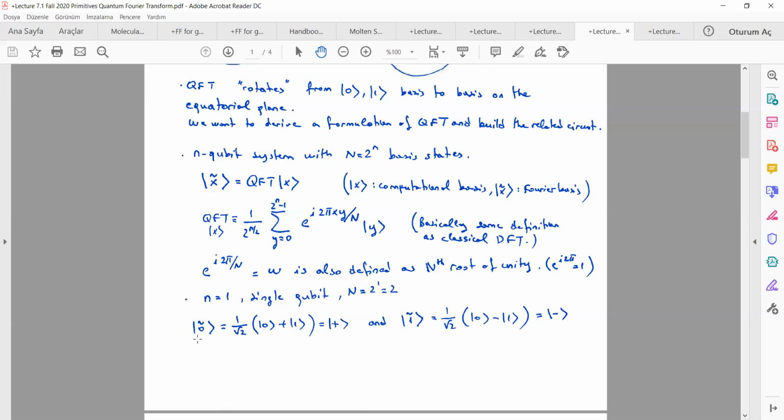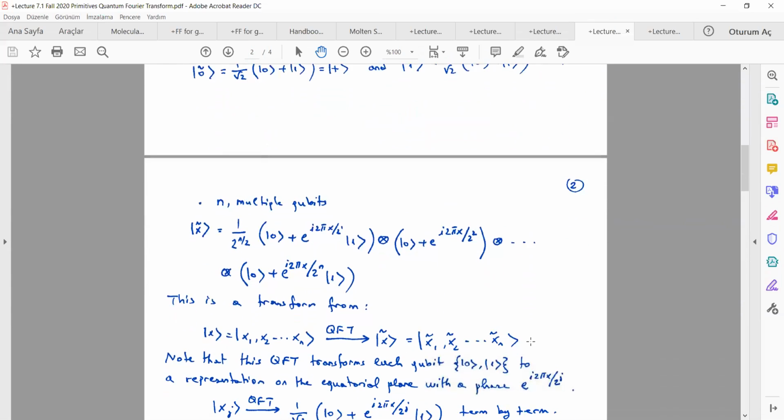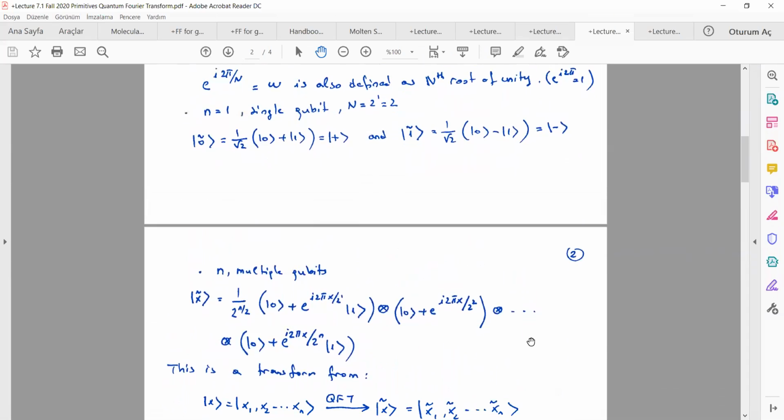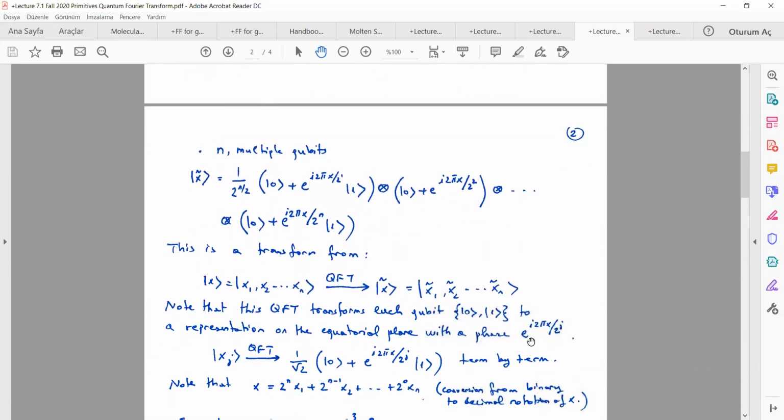It transforms the ket 0 state to the ket plus state, which is the state on the equatorial plane, and it transforms the ket 1 state to the ket minus state. So this is the case when we have a single qubit transform.